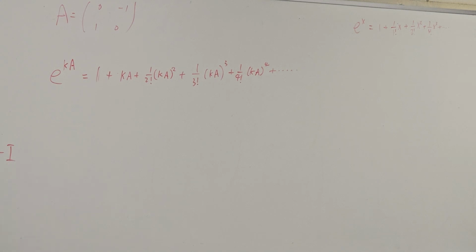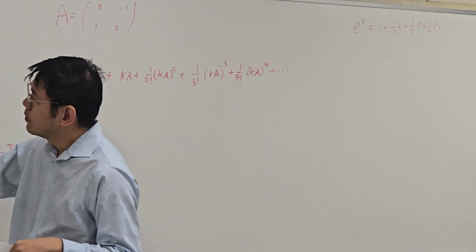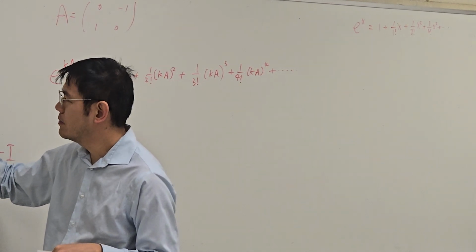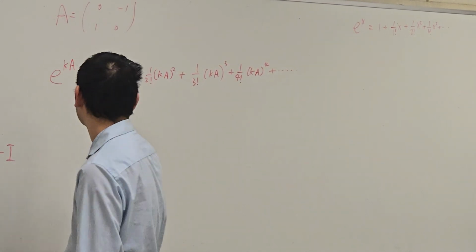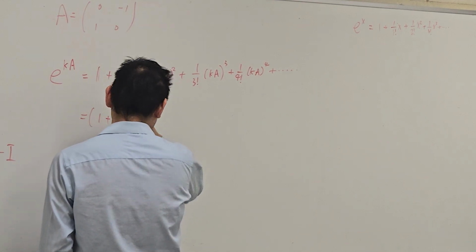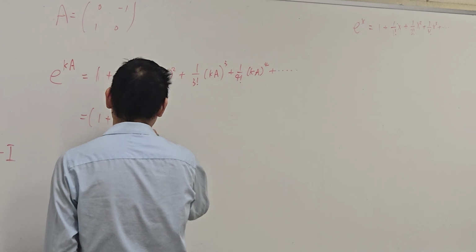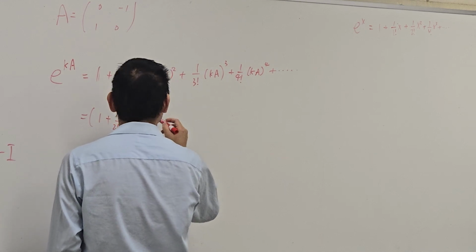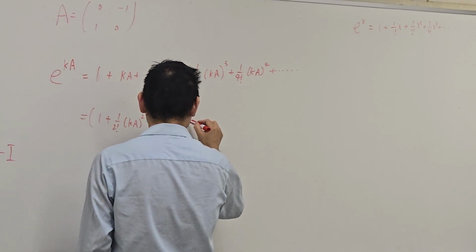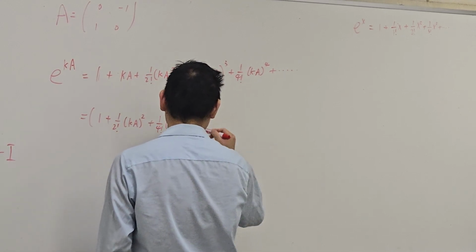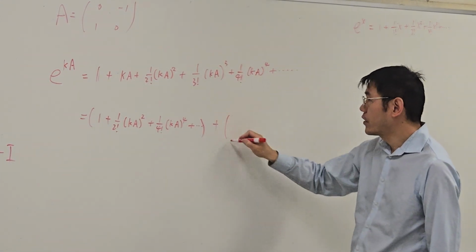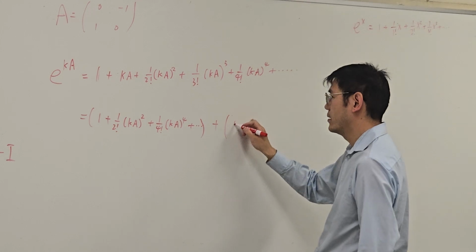I'm going to look at this: the even power of A gives me I. So I'm going to group all the even powers, and the odd powers of A together.